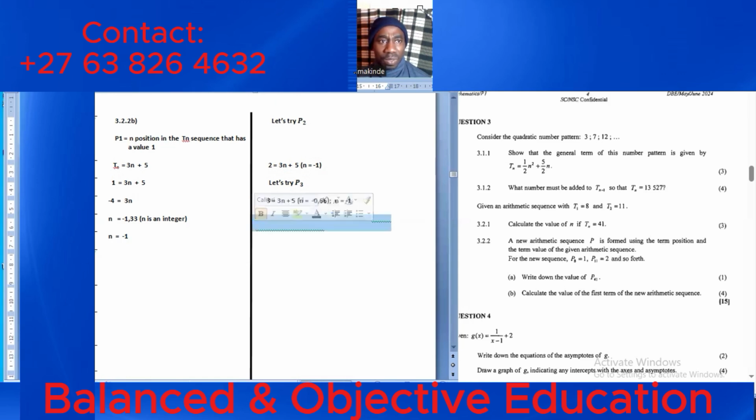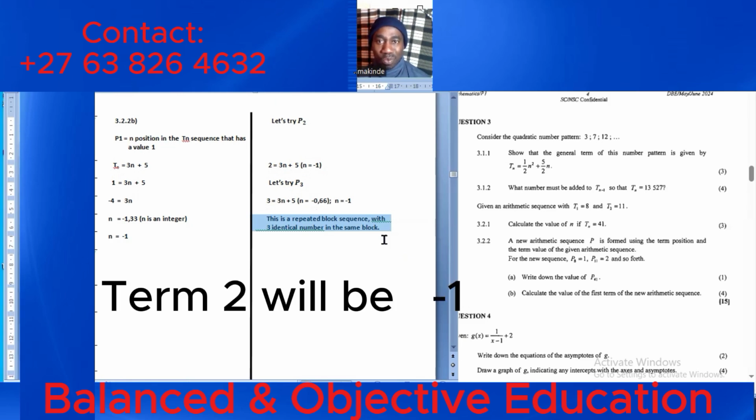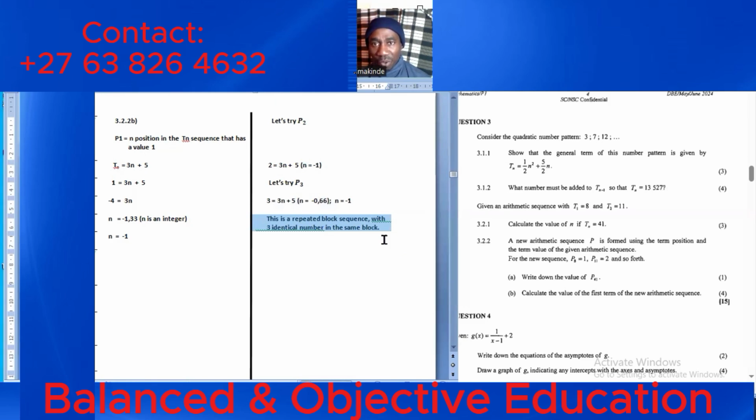So here we could see that this is a kind of repeated block sequence with 3 identical numbers in the same block. So term 1 will be negative 1, term 2 will be negative 1, term 3 will be negative 1, and term 4 would increase by 1.